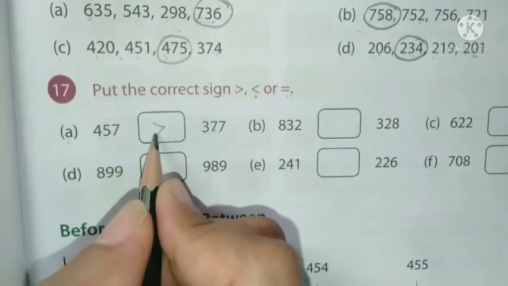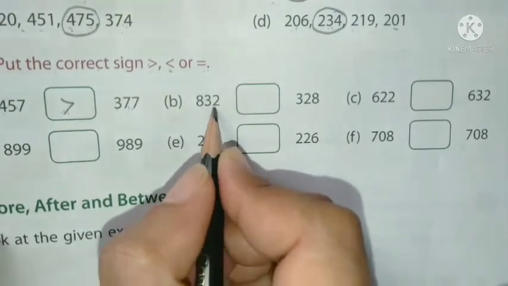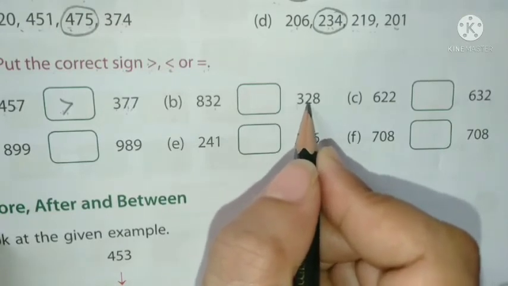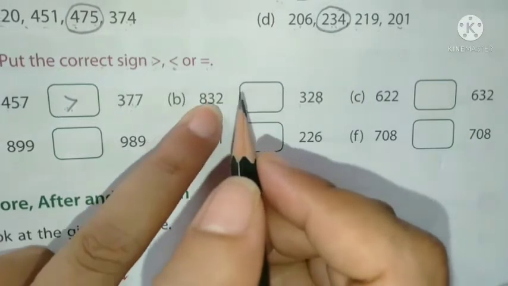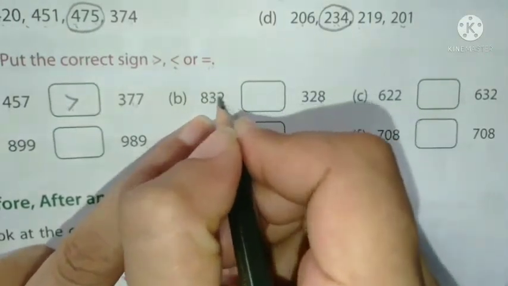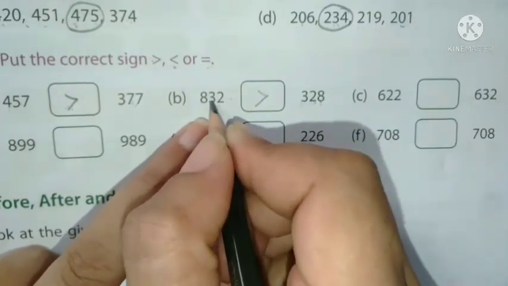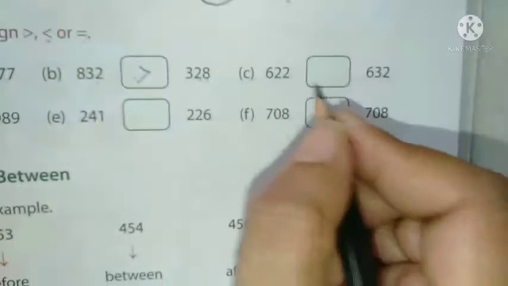So this symbol will be written here. B. 832 and 328. Now tell me which is the greatest number here? 832. So 832 is greater than 328. यानी 832 कैसा है? 328 से बड़ा है.